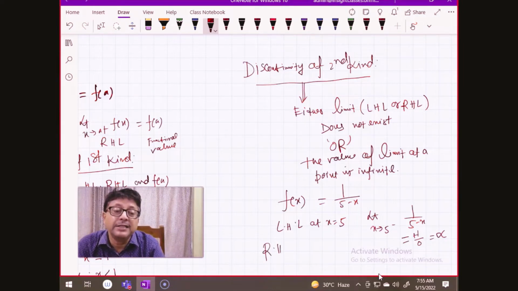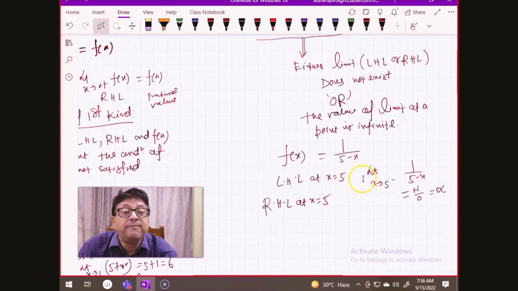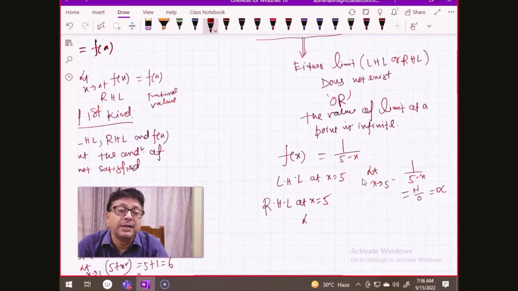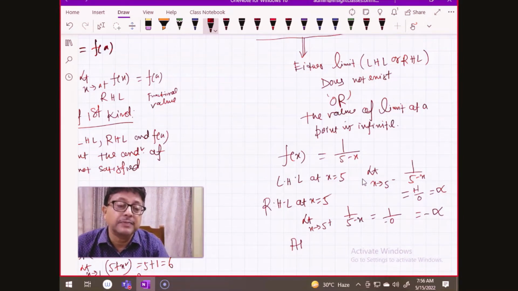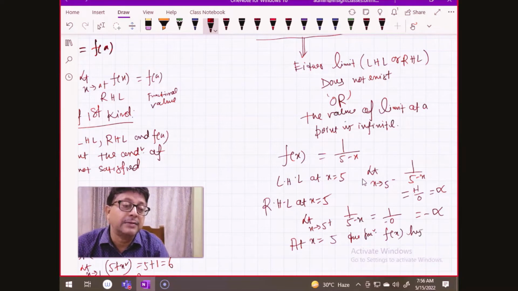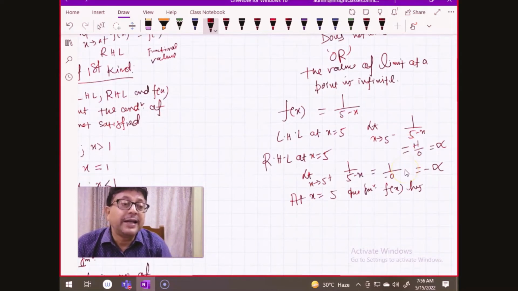If you find the RHL at x equal to 5, limit x tending to 5 plus 1 by 5 minus x is 1 by minus 0 type, that is minus infinity. So at x equal to 5, the function f(x) has a second kind of discontinuity.